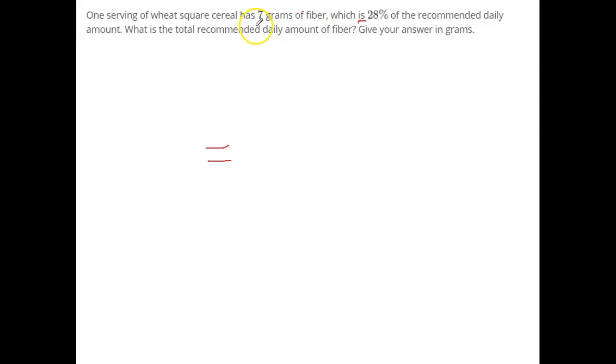And so we have 7 grams of fiber in this cereal, and that's equal to 28% of that unknown, that recommended daily value. So that recommended daily amount of fiber is our X, it's our unknown. And our 7 grams is 28% of that, our of indicating that multiplication of the 28% and our unknown.